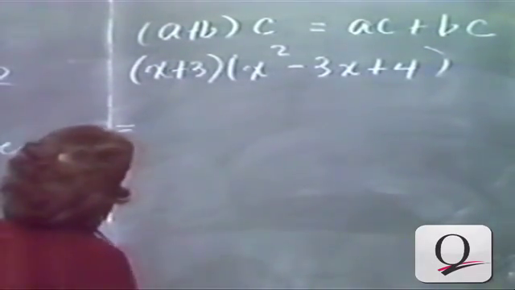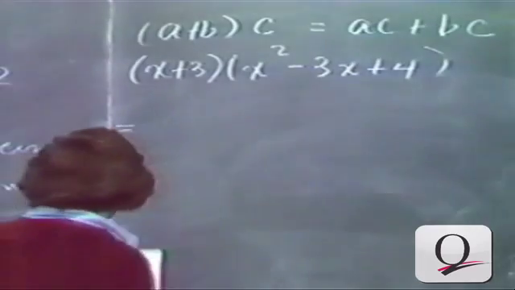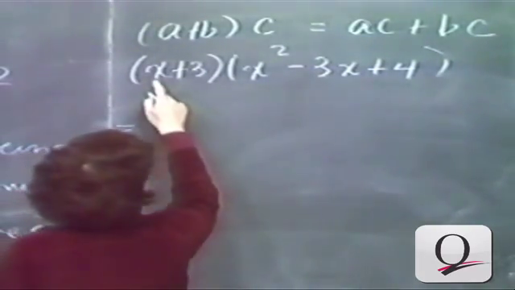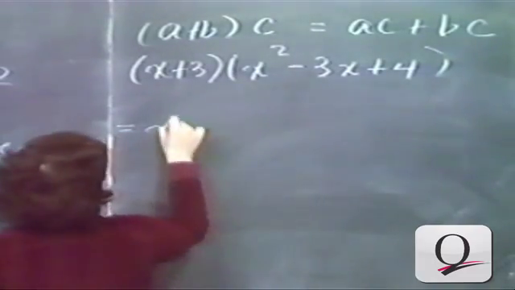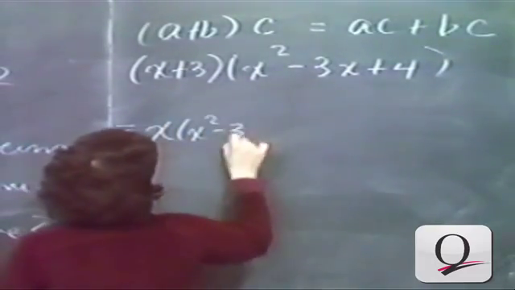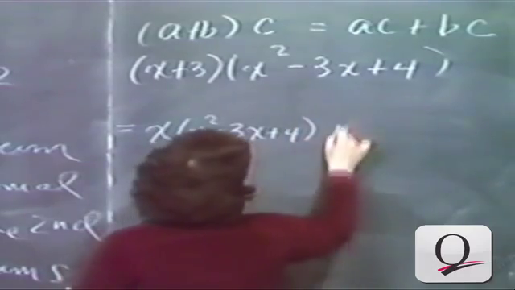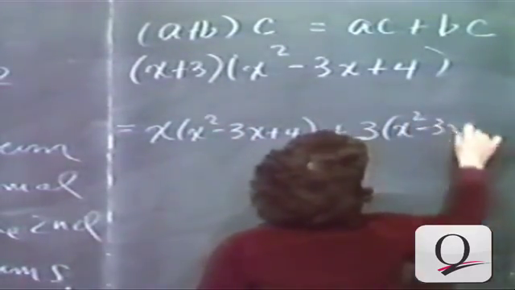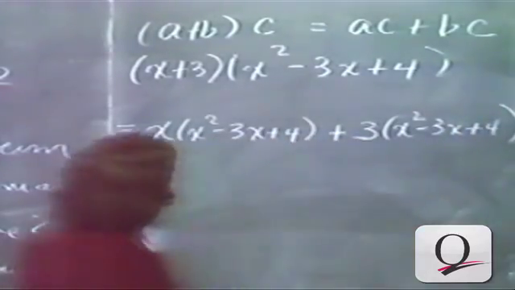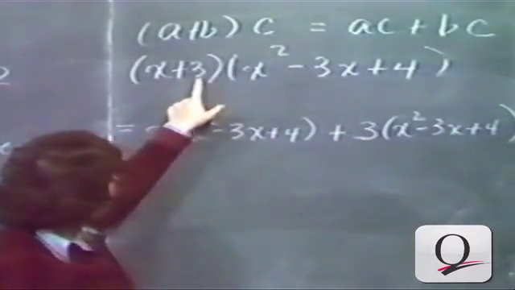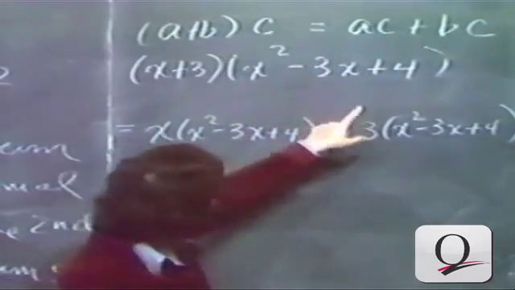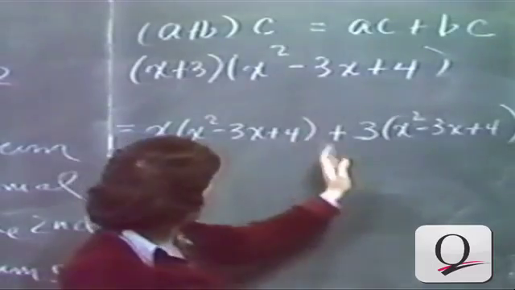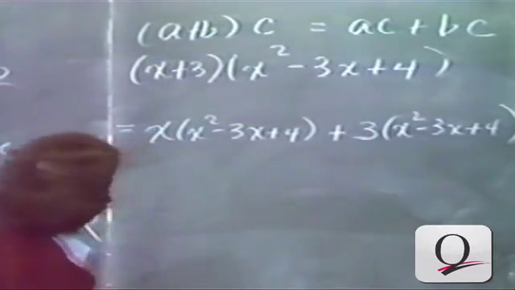A plus b times c, so it is a times c, x times x squared minus 3x plus 4, plus b times c, 3 times x squared minus 3x plus 4. A times c plus b times c, x times x squared minus 3x plus 4 plus 3 times the same thing.